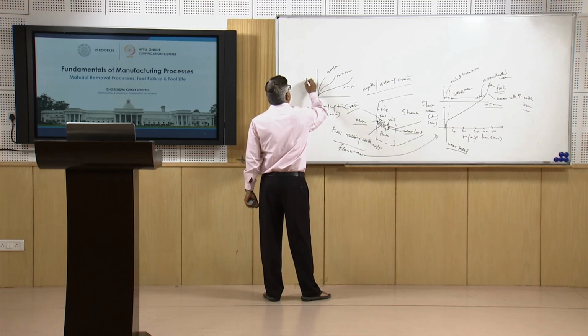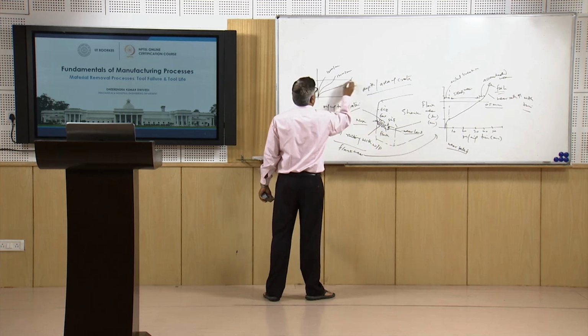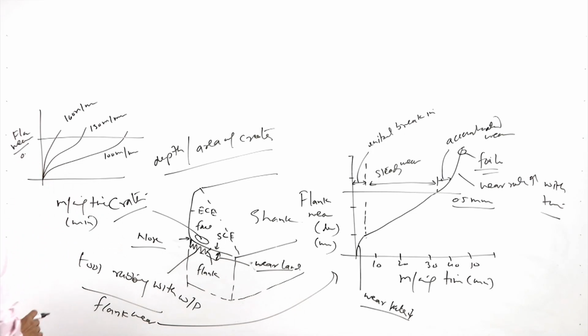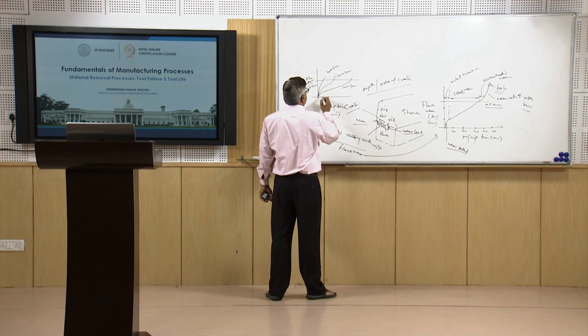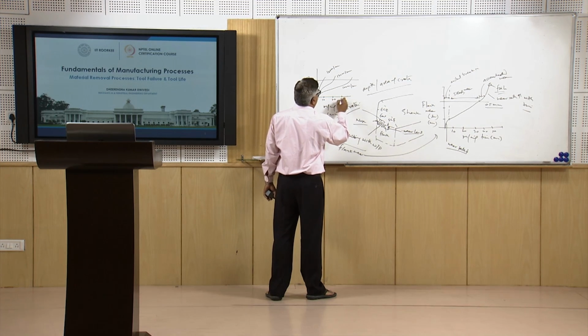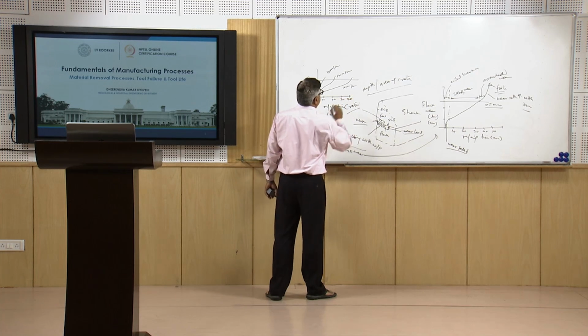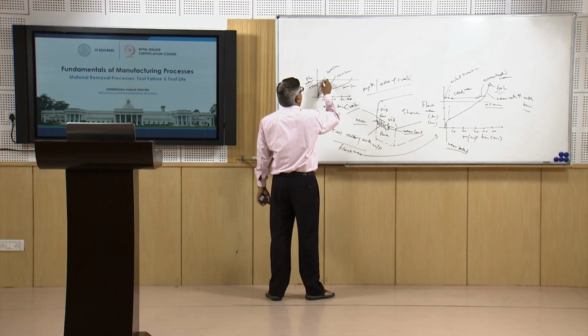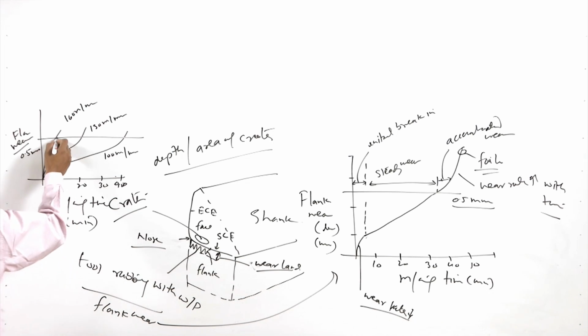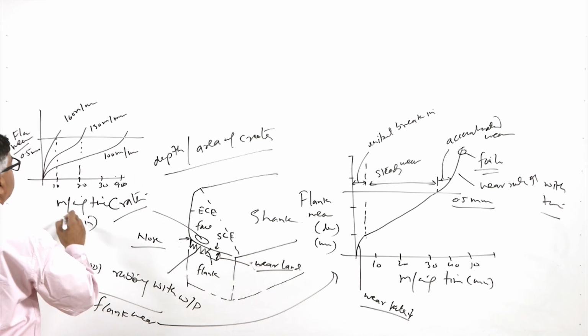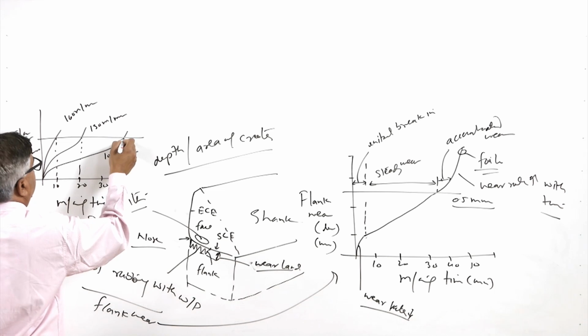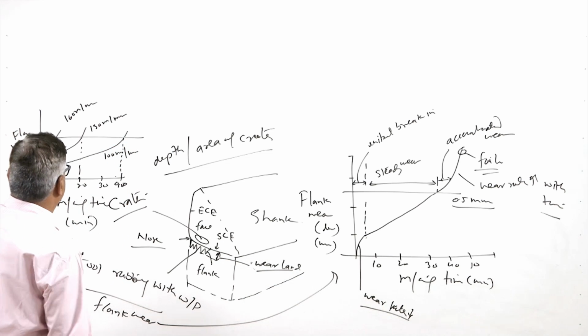If this is the flank wear and the cut off limit for acceptance is this, when we decide that the tool has failed, which is say 0.5 mm, then the tool life may be 10, here it may be 20, here it may be 30 or 40 on the x axis. So at 160 meter per minute speed, the tool life is just 10 minutes, while at 130 it is 20 minutes, and for 100 meter cutting speed it is say 40 minutes.